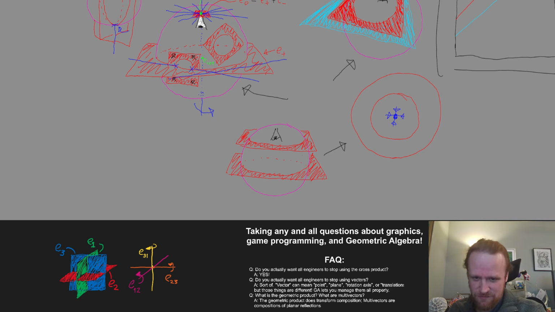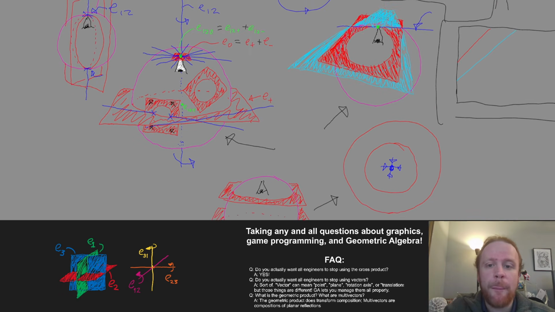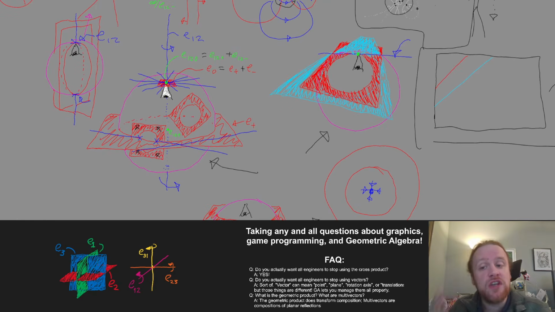Though hang on, we've gone back to the hyperbolic picture. These two planes, remember, the circles correspond to planes. The planes meet in lines. The lines correspond to point pairs.